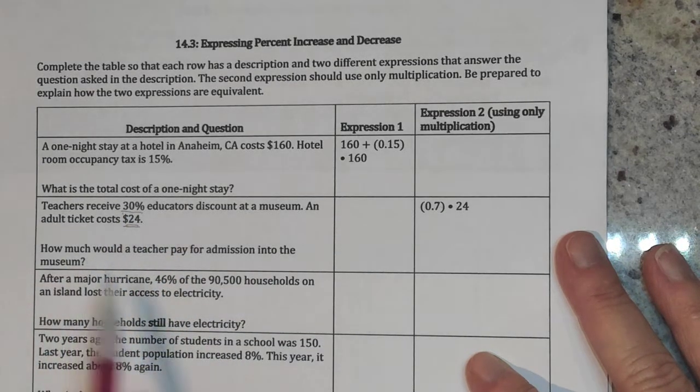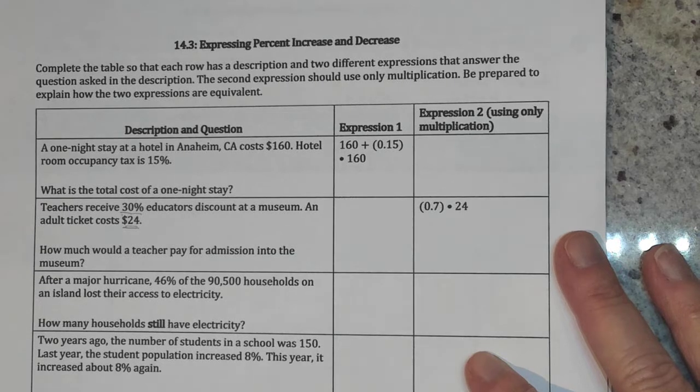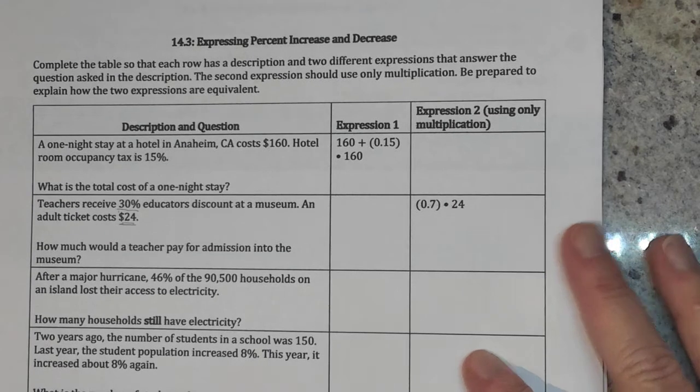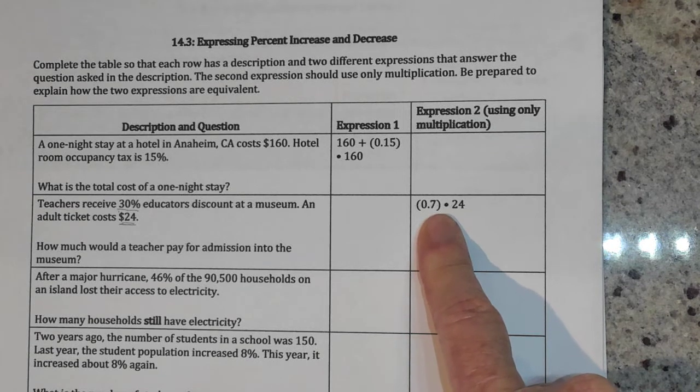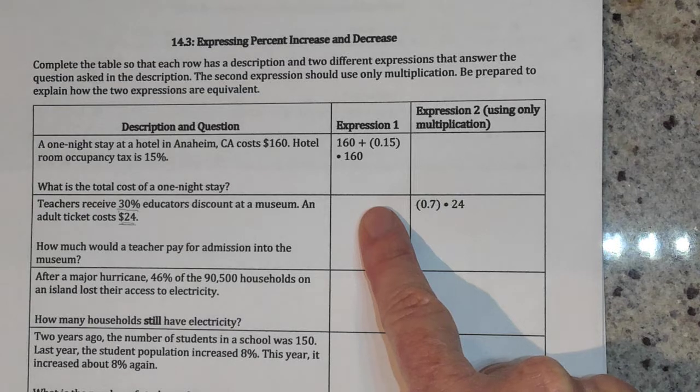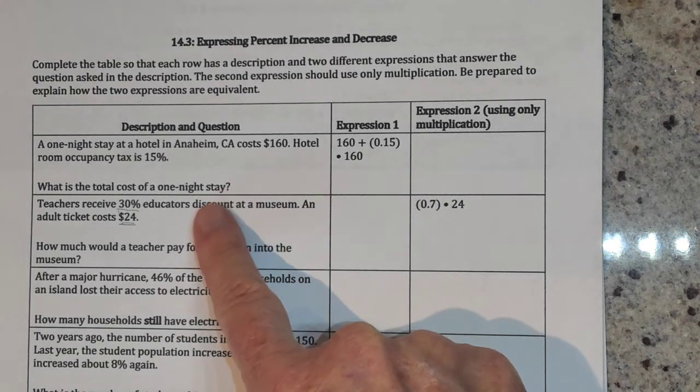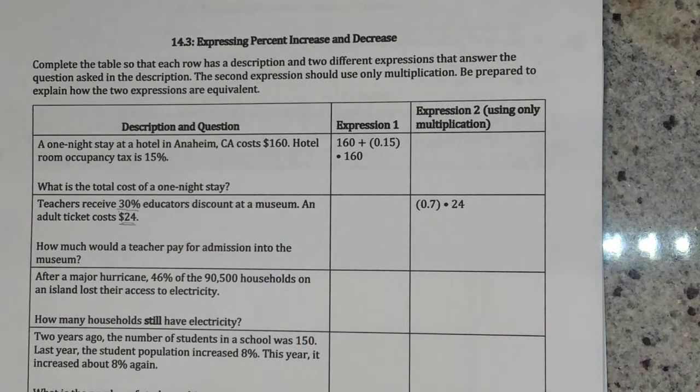So how much would a teacher pay for admission into the museum? So again, this is what I end up with if I only use multiplication. So what would I have started with, or what could I write directly from this? Go ahead and pause the video, try it yourself, and then come back.